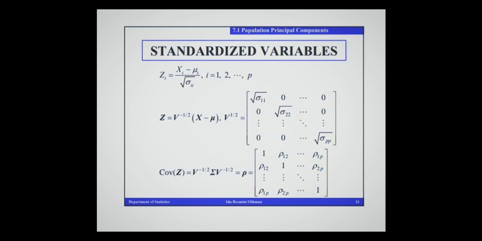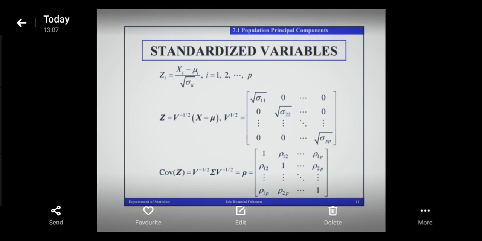So you will get a P by P matrix, which is actually equal to the correlation matrix rho. Remember from the previous chapter, all the main diagonal for the correlation matrix will be 1.